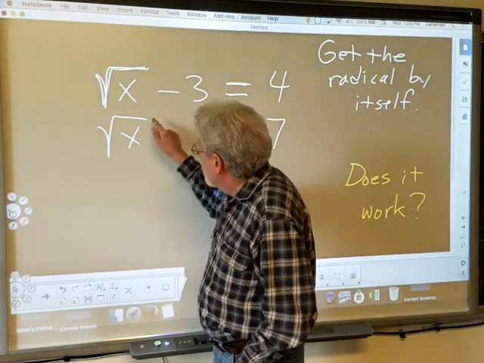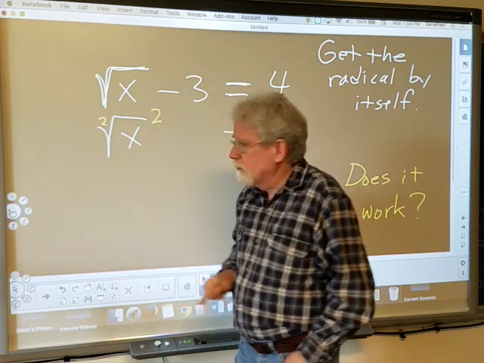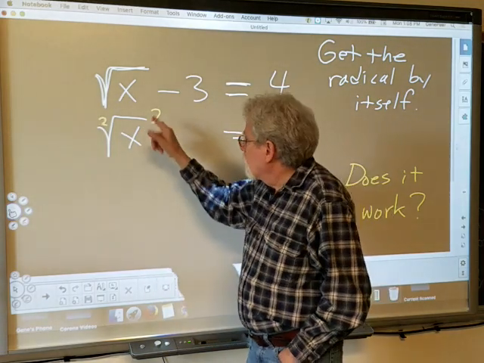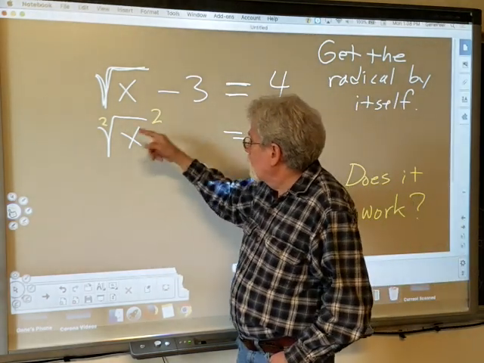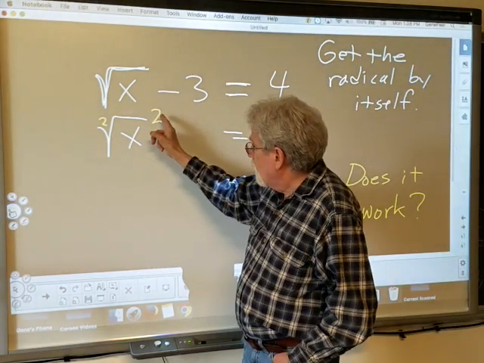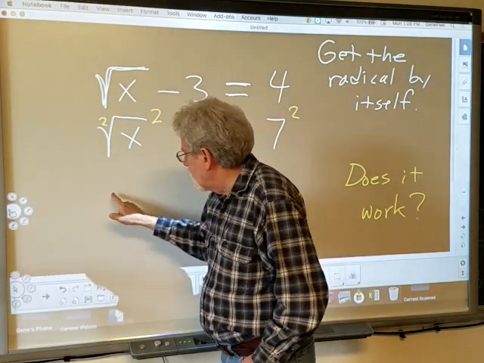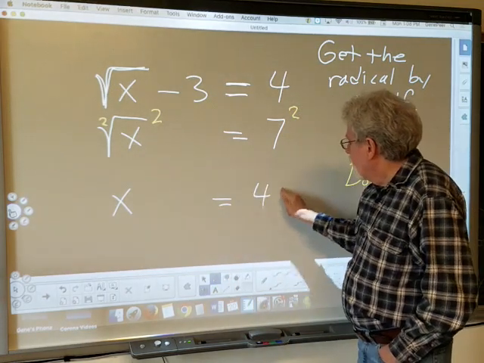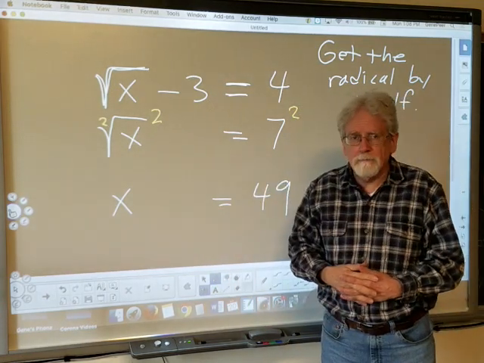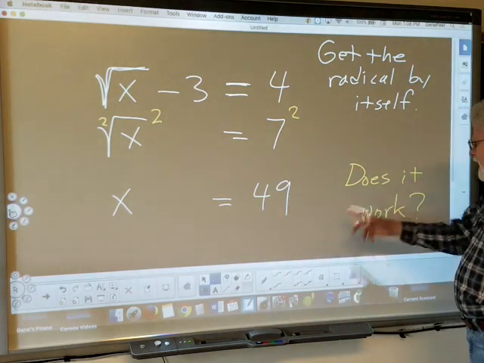Because a square out here will cancel the square root. So I square this side and I square this side. What do I end up with? Well, what's the square root of x squared? It is x. x is 7 squared, 49. Ta-da! That was easy. Big question though is, does that 49 actually work?